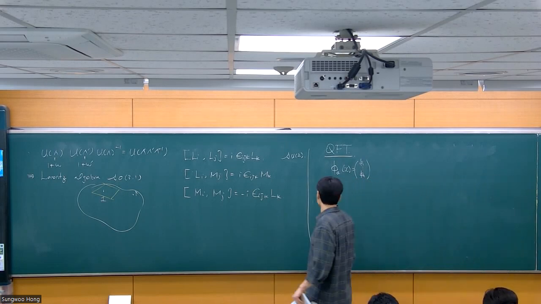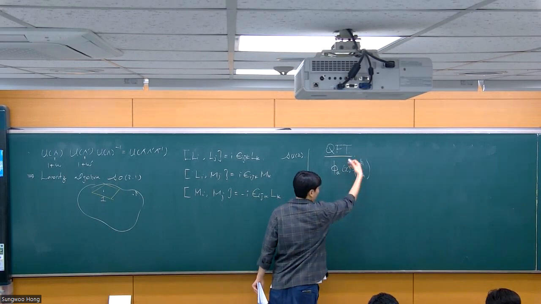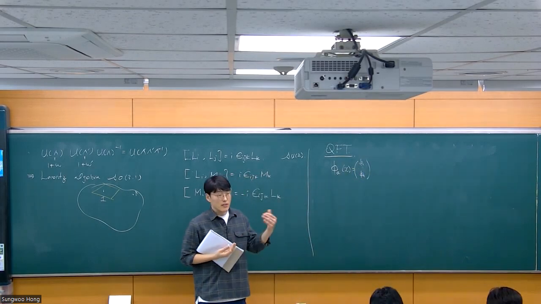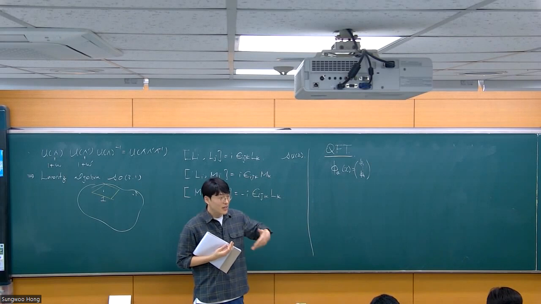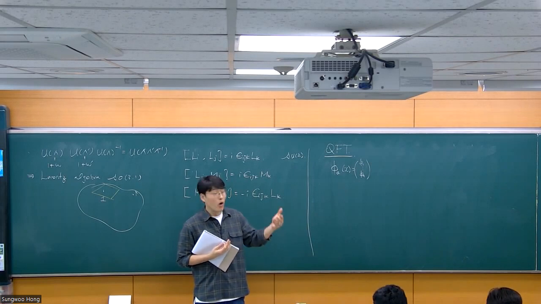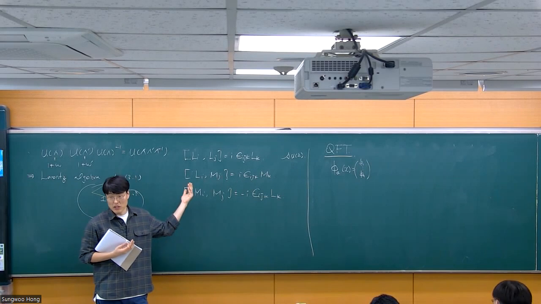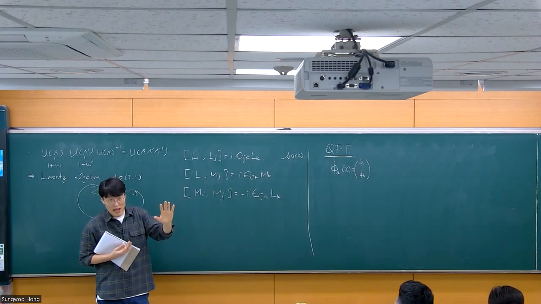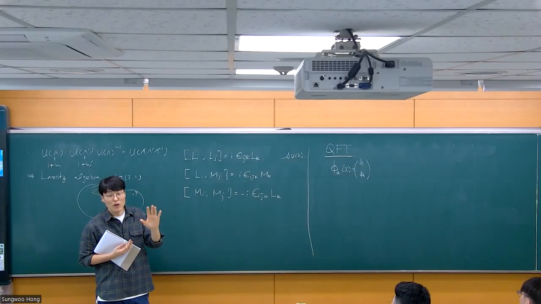Somebody told me that this, as a whole column vector, transforms in a nice, proper way under all of the Lorentz transformations. Say somebody told you that. Now your job is to understand what that means and how to see that.